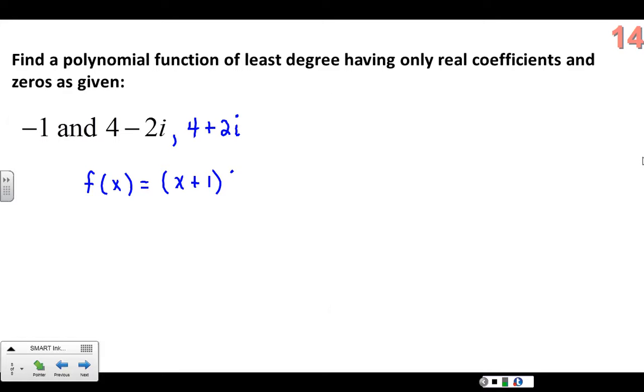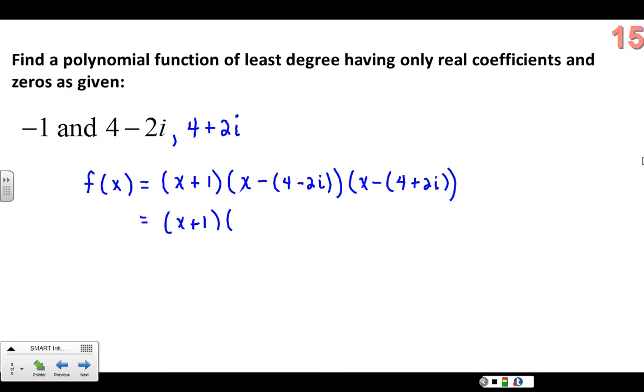All right, and then for 4 minus 2i to be a zero, you have to have x minus 4 minus 2i as a factor. And for the 4 plus 2i, we would have to have x minus 4 plus 2i as a factor as well. So let's see what we got here.